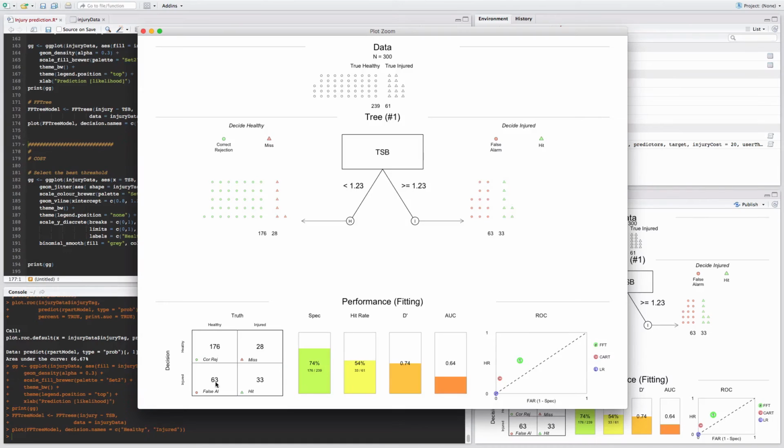That's much more costly. What we can do is try to find the best threshold that minimizes the cost, the total cost, or the average cost if you divide by the number of misclassified cases.